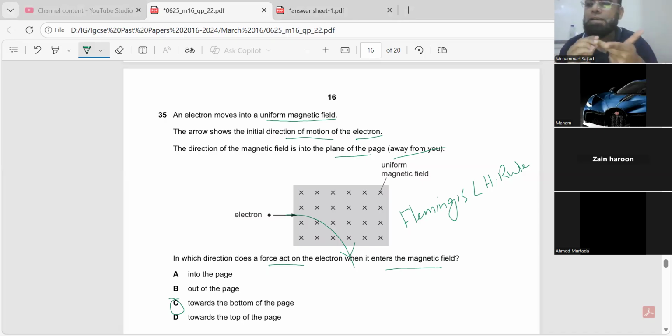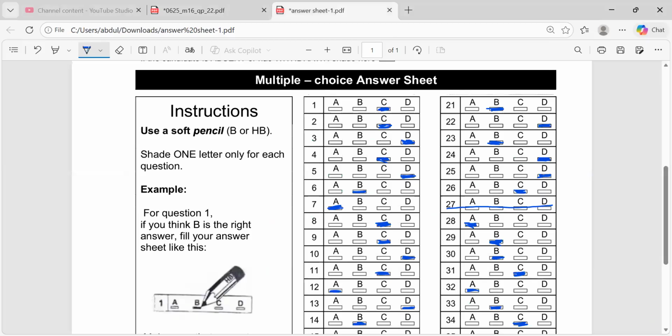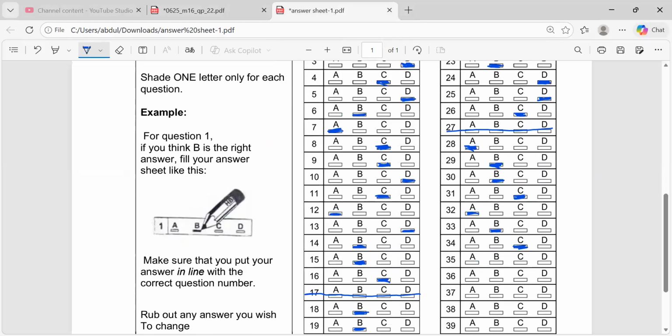Conventional current we have to apply here in Fleming's left hand rule, and that is opposite to the direction of electron flow. So when we move the current finger opposite to the flow of electrons, the thumb is pointing downward. So it means the force will be towards the bottom of the page. So the answer for 35, dear friends, is C.